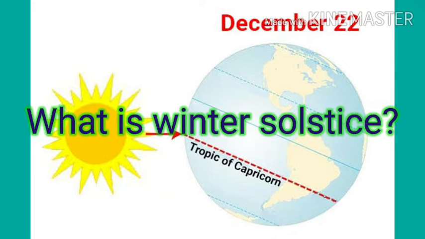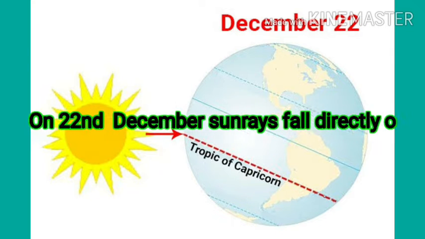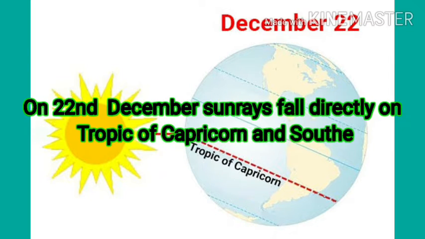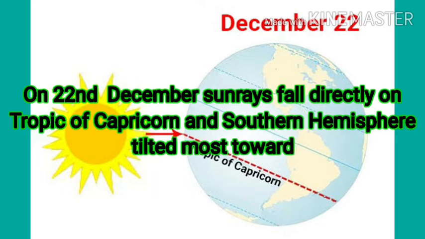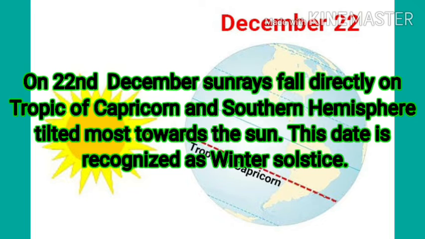So, what is winter solstice? On 22nd December, sun rays fall directly on the Tropic of Capricorn and the southern hemisphere is tilted towards the sun. This date is recognized as the winter solstice.